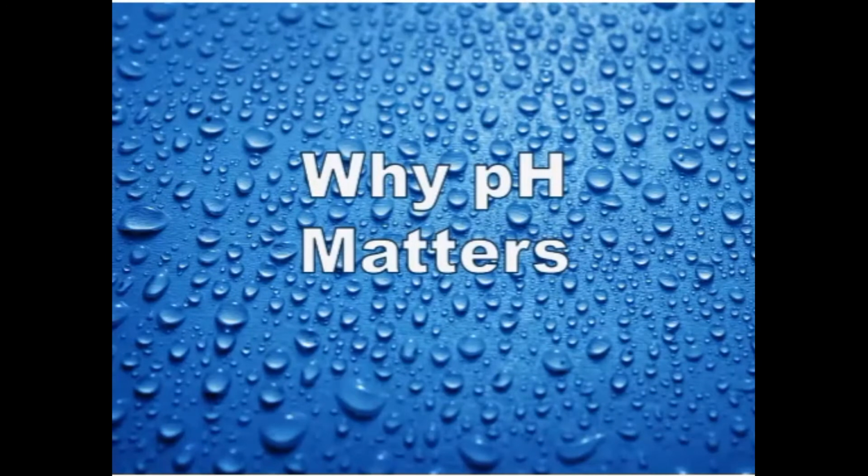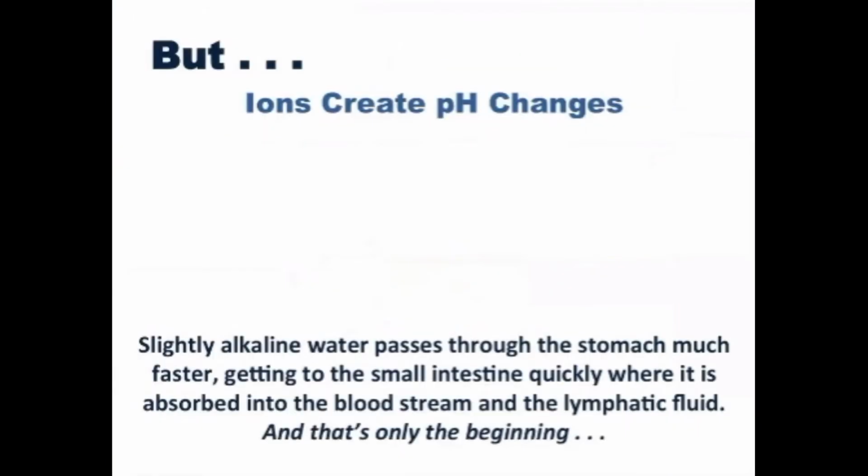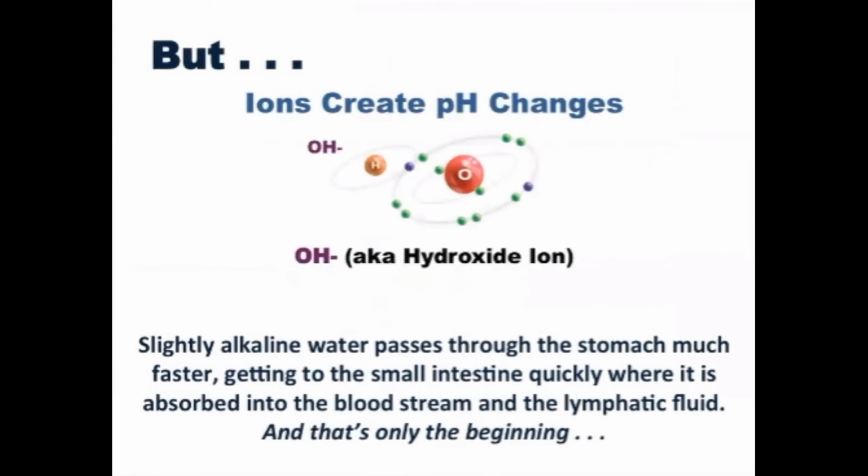So let's talk about, for a second, we'll review why pH matters, and then this will bring us into our topic for tonight. So keep in mind that while H2 creates antioxidants, ions create the pH changes.